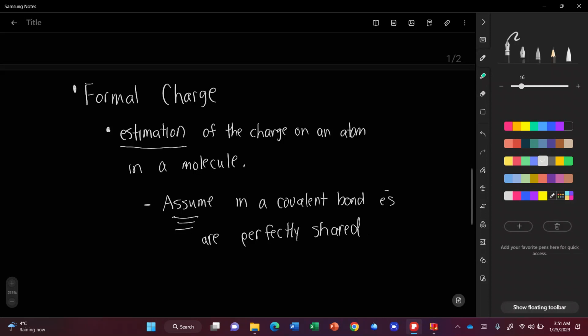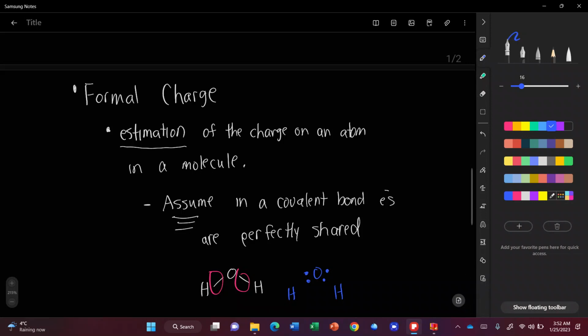If I have something like water, we have these 2 bonds, a bond right here and a bond right there. We know that the 2 electrons in those bonds are not perfectly spaced between the oxygen and the hydrogen. If we were to draw that more accurately, those electrons would be much closer to the oxygen than they are to the hydrogen.